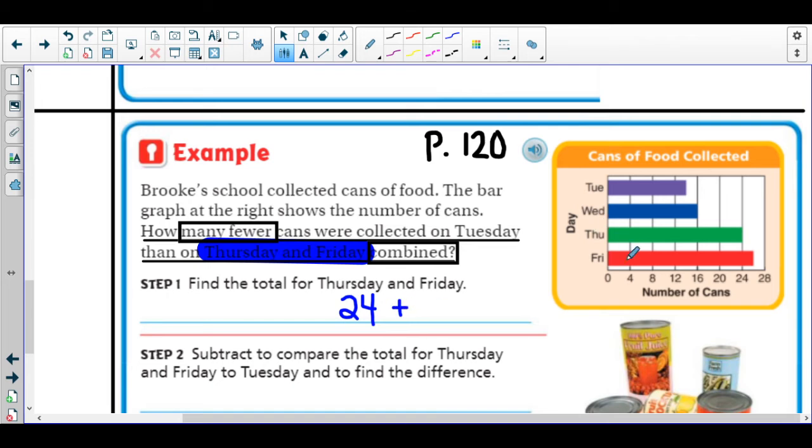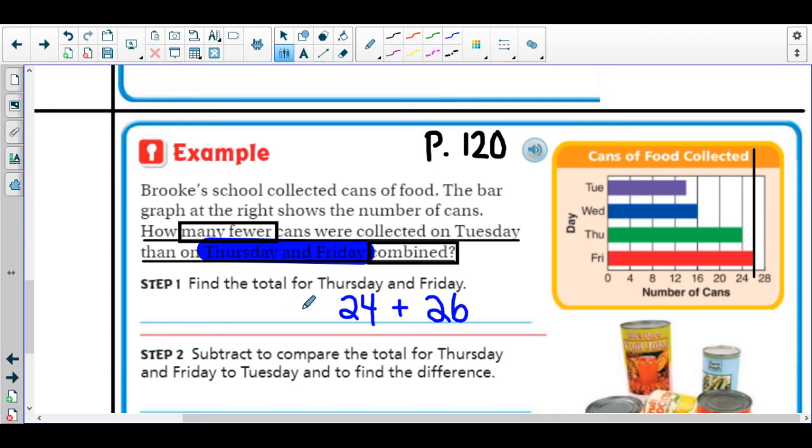And then for Friday, all right, we go halfway between here. We have this line right here that goes right in between the 24 and the 28. So that will be 26.